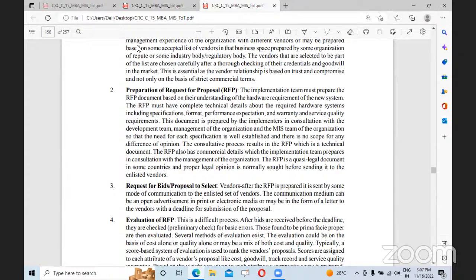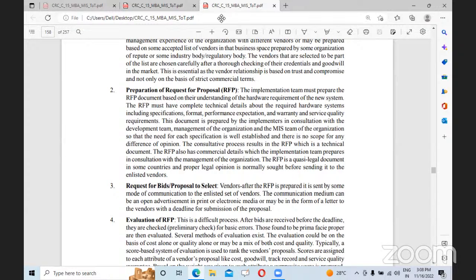The request for proposal must have complete technical details about the required hardware systems, including specifications, format, performance expectation, warranty, and service quality requirements. This document is prepared by the implementers in consultation with the development team, management of the organization, and the MIS team of the organization so that the need for each specification is well established and there is no scope for any difference of opinion.